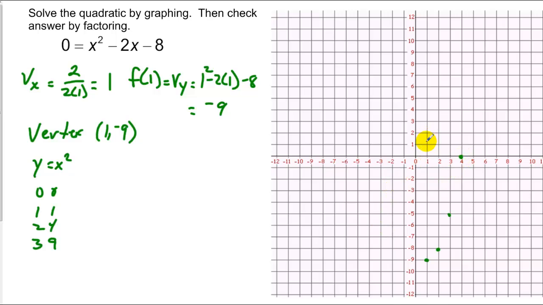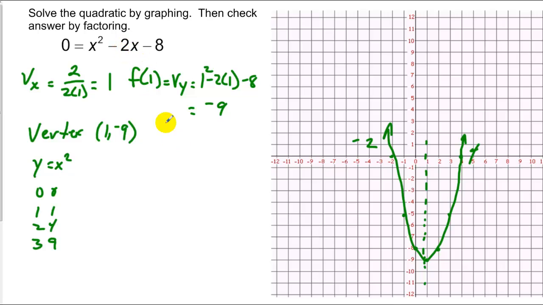Now, knowing also that my axis of symmetry is going to go through that vertex, then I can move over 1 in the other direction and up the same amount, over 2, up the same amount, and over 3, up the same amount, and I notice here is my parabola that happens to have x-intercepts at negative 2 and 4.